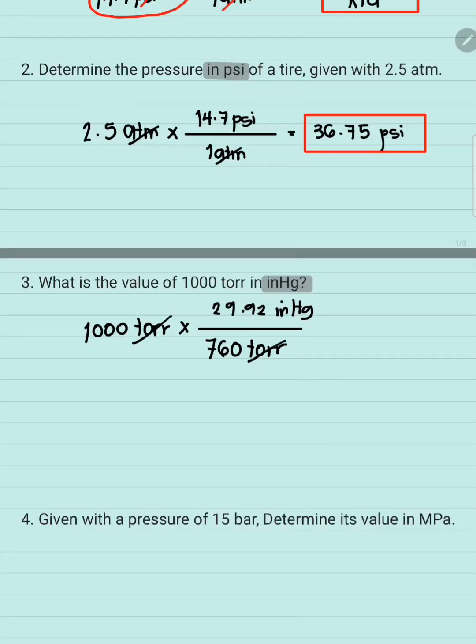We cancel the units for torr. This is 1000 times 29.92 divided by 760, and we get 39.37 inches of mercury. That is the answer for problem number 3.